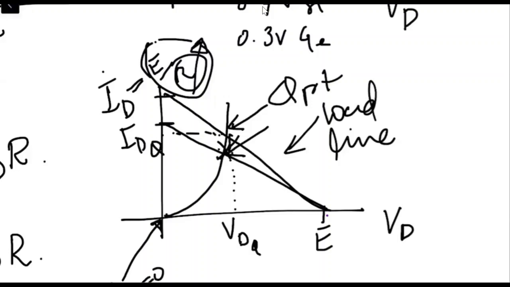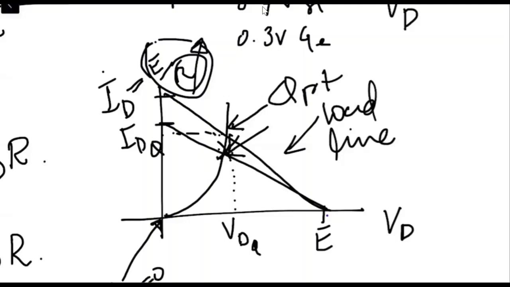So due to the change in the circuit elements, the point of operation of the diode is also going to change. And once this changes, the behavior of the diode is also going to have a different outcome as compared to the previous circuit elements.